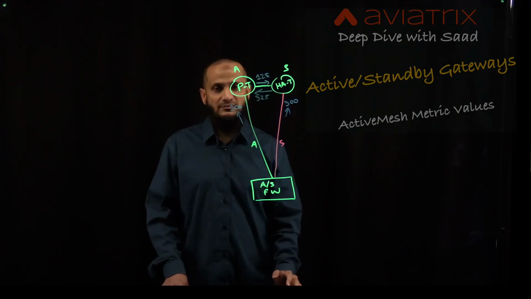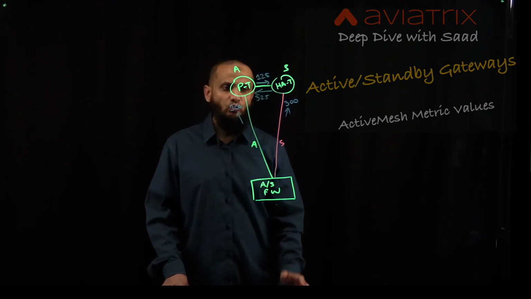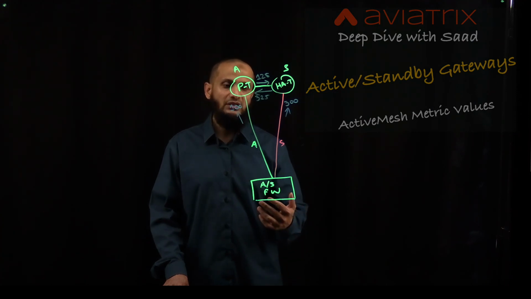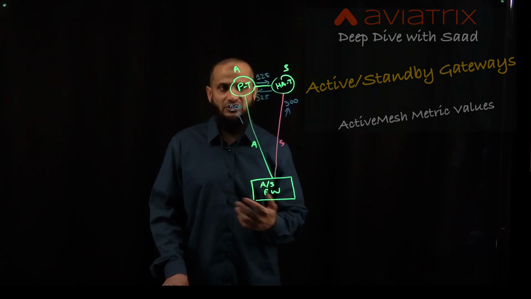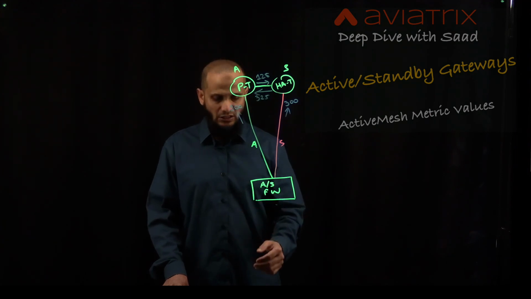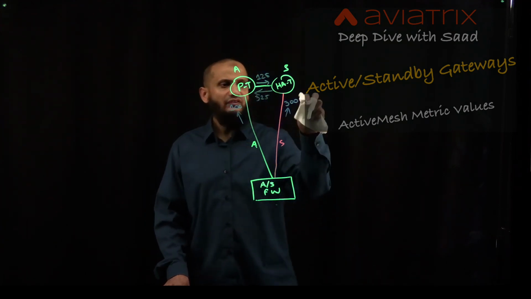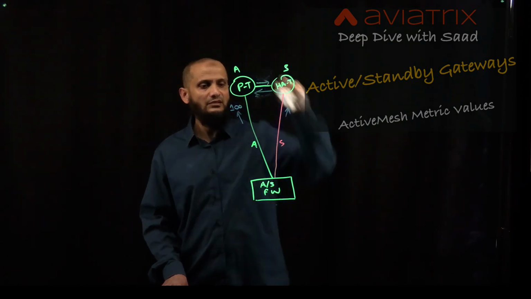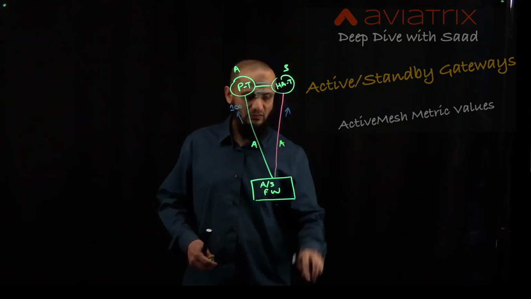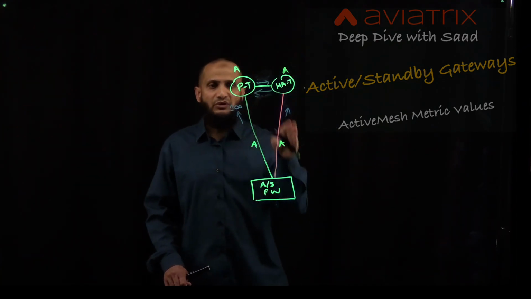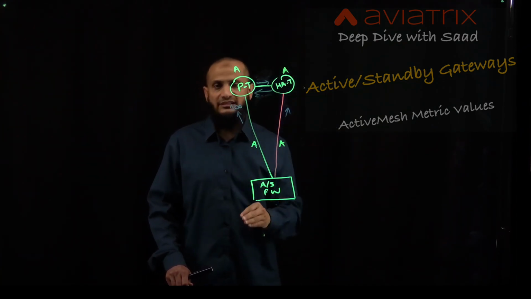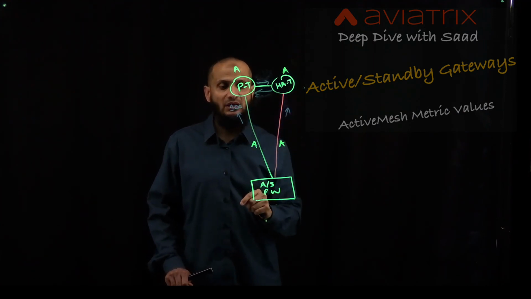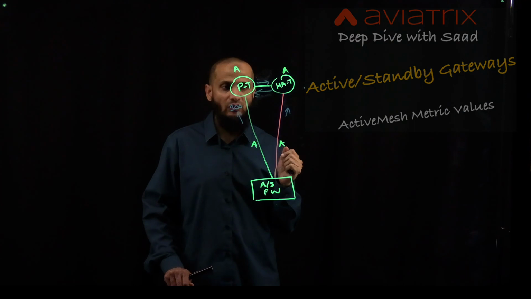So far we discussed the active standby. So what are the metric values when our architecture is based on the ActiveMesh technology by default? In the same scenario, I'm going to just change a few things over here. Since there is no active standby, everything's ActiveMesh, which basically means both gateways are active at the same time and both tunnels are active also.